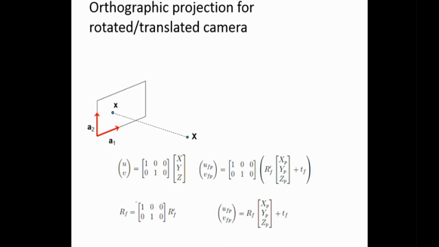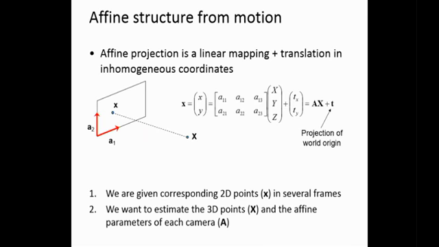So this is a 2 by 3 matrix times some 3D point plus a translation. Affine projection is a linear mapping in inhomogeneous coordinates from 3D points onto a 2D point plus some translation. And the meaning of that translation is that it's the projection of the world origin.